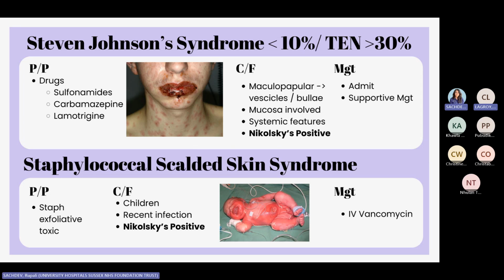The mucosa can be involved, not necessarily all the time. You've got systemic features. This one's also Nikolsky positive. The important thing is the management: you need to admit, and it's supportive management, just to make sure it doesn't get too severe in terms of the disease.